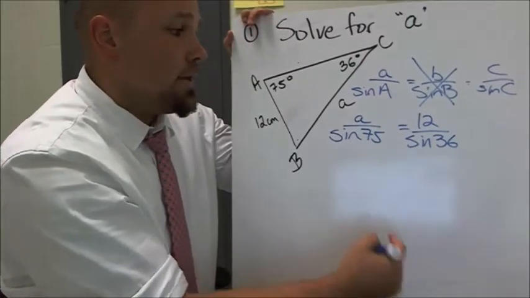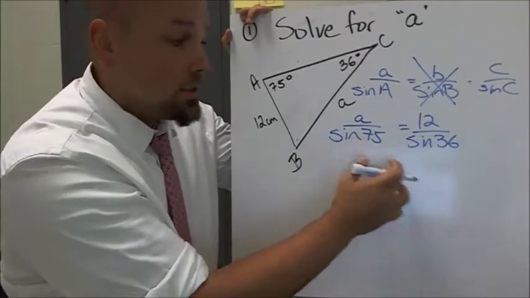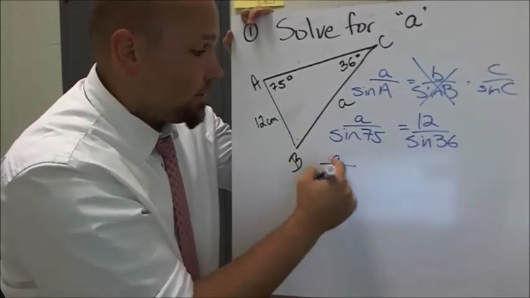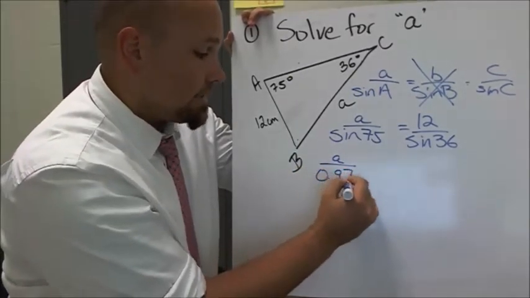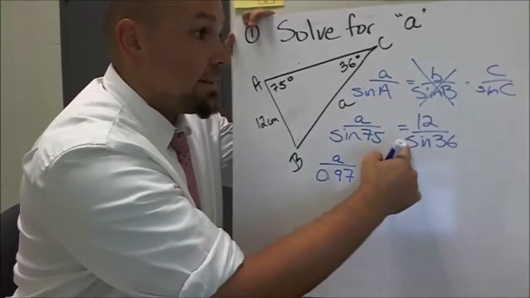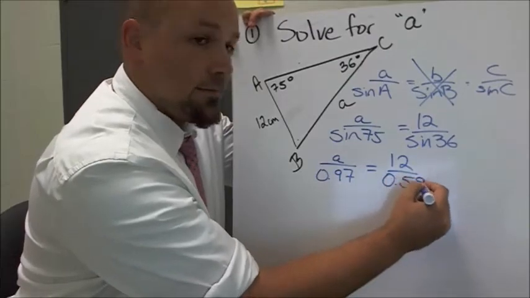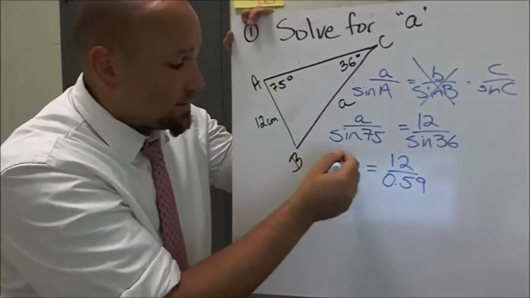Okay, so now I just want to go to my calculator and I want to actually enter these values so that I know what they are, right? So a over sine 75, I put that in my calculator and I get 0.97 is equal to 12 over sine 36. I put that in my calculator and I get 0.59.